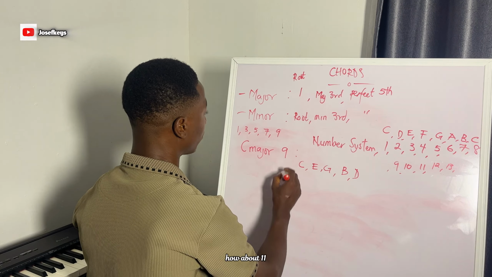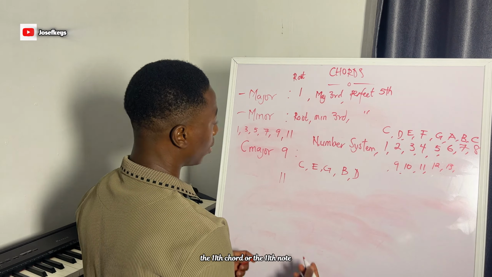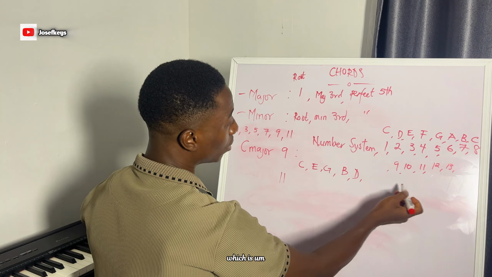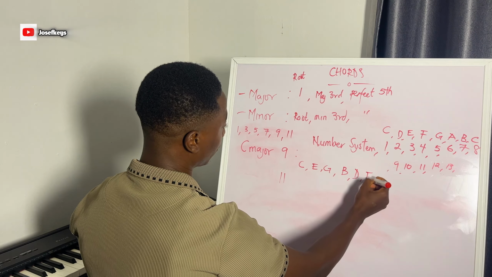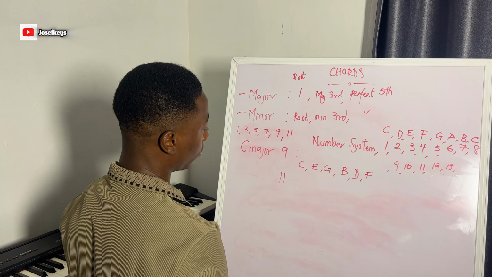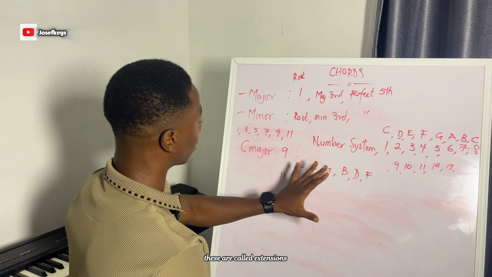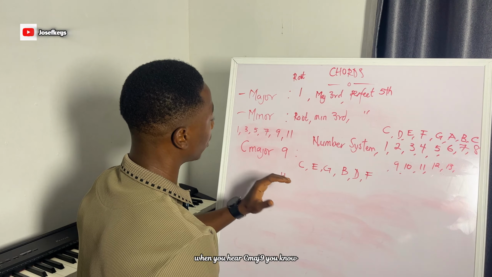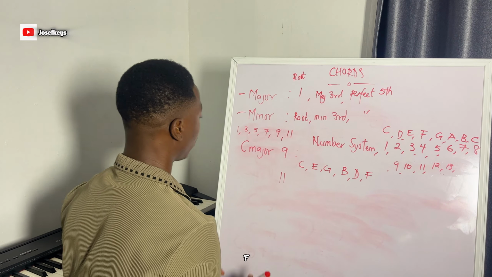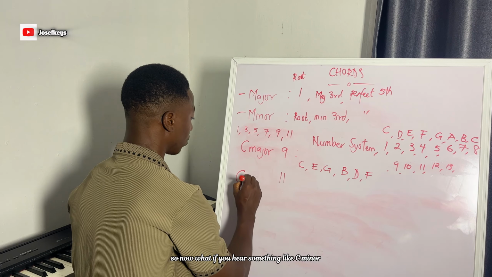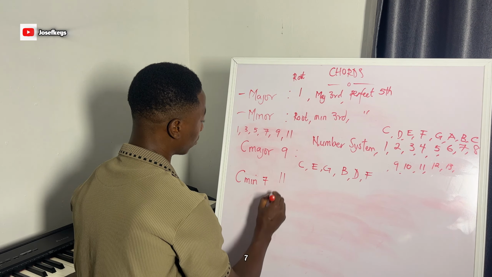How about 11? You're adding the 11th note, which in this case is F. So basically, these are chord extensions. When you hear C major 11, we're talking about C, E, G, B, D, F. So now, what if you hear something like C minor 7?